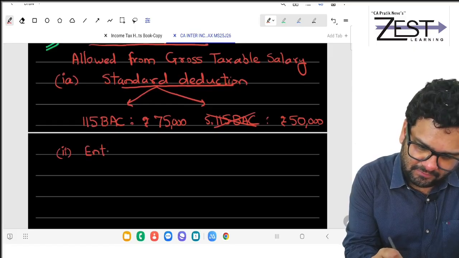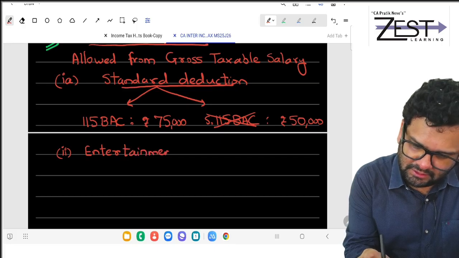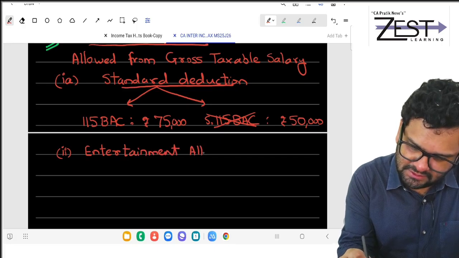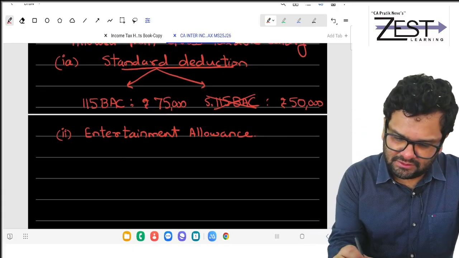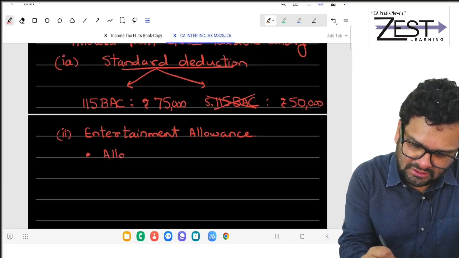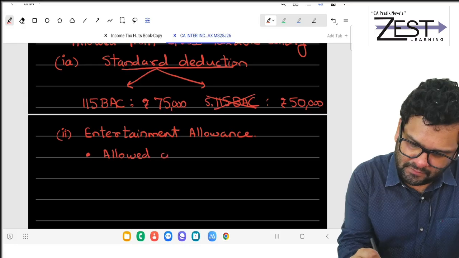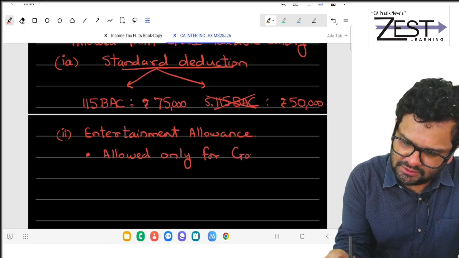Second, after that, what is second? Entertainment allowance. It is first of all understand allowed only and only for government employees.